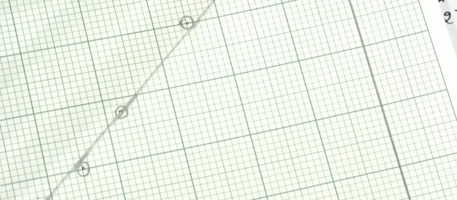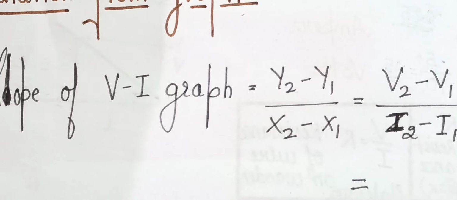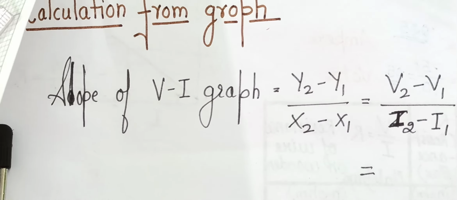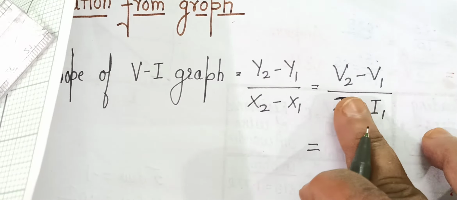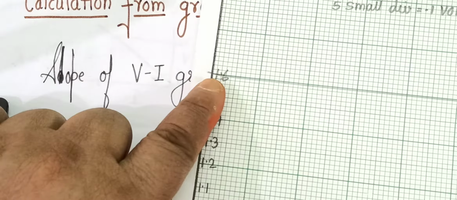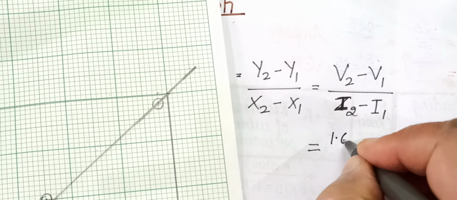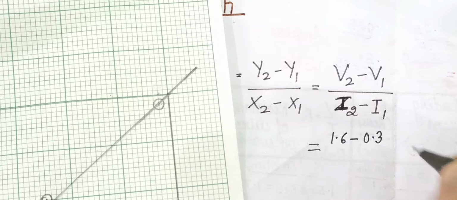So let me start with our calculation part. So here is a time to write the values for the slope. Slope of the VI graph is V2 minus V1, and we have V2 as 1.6 and V1 as 0.3. 1.6 minus 0.3.